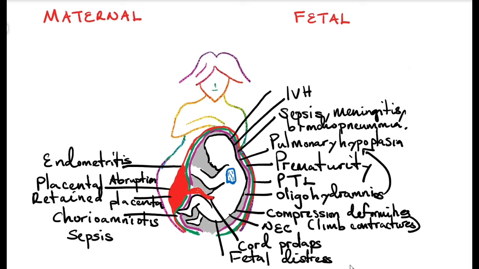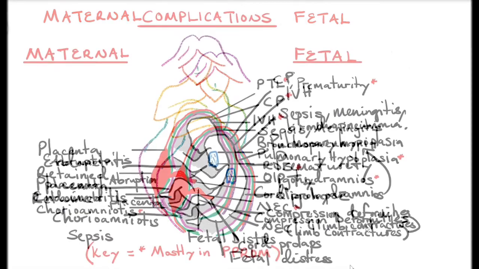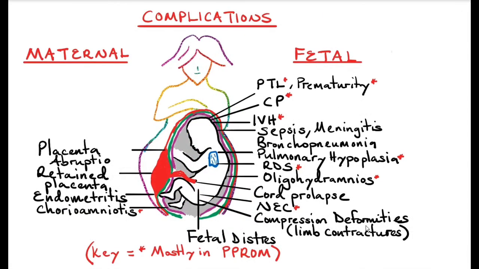And for the same reason, they can end up with cerebral palsy. So these are some of the complications of PROM and PPROM. Because of prematurity, they are associated with cerebral palsy, intraventricular hemorrhage, pulmonary hypoplasia, respiratory distress syndrome, and necrotizing enterocolitis. And because of prolonged rupture of membranes, they are also at risk of acquiring chorioamnionitis. And for the fetus, they are at risk of sepsis, meningitis, and bronchopneumonia.